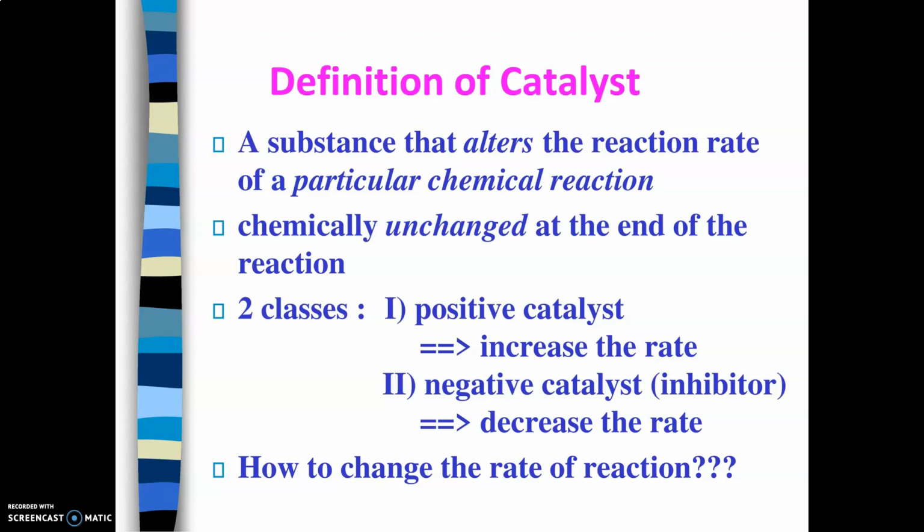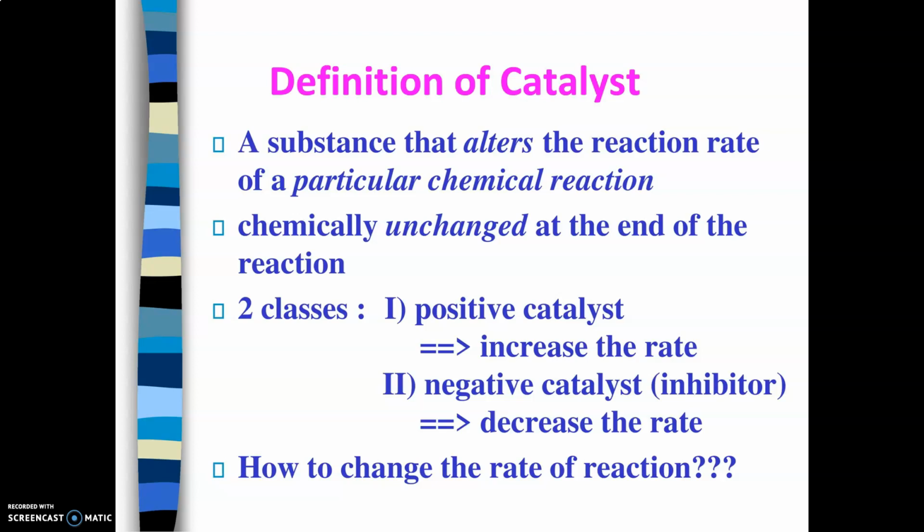Then, last but very important topic is catalyst. As in the previous slide, you must have seen that iron was a catalyst in Haber's process in the formation of ammonia. What actually is a catalyst? A catalyst is a substance that either increases or decreases the rate, the speed, of a reaction without itself undergoing any chemical change during the reaction.